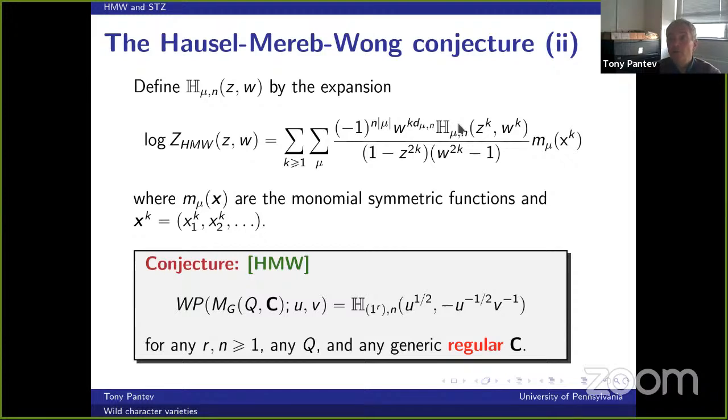But if you add an extra puncture and you add a framing at that puncture, then actually everything works. You get different Poisson structures and different symplectic structures, but the non-abelian Hodge theory will work in families, will work well for the moduli spaces. Everything will work.